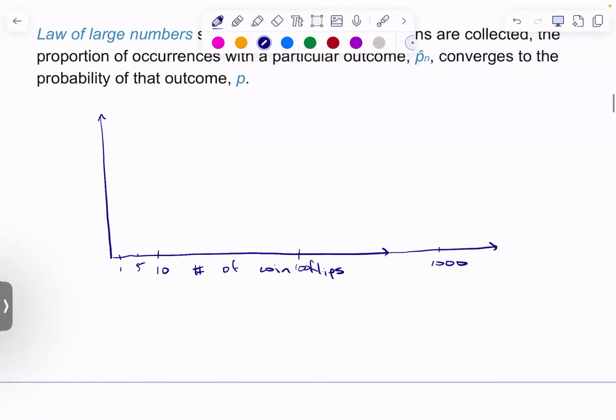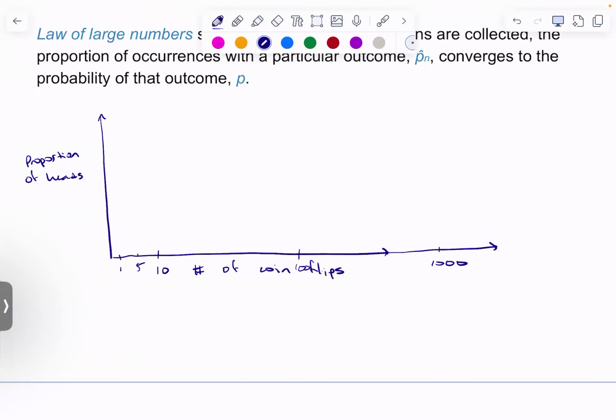At each step, I can record what the proportion of heads is.